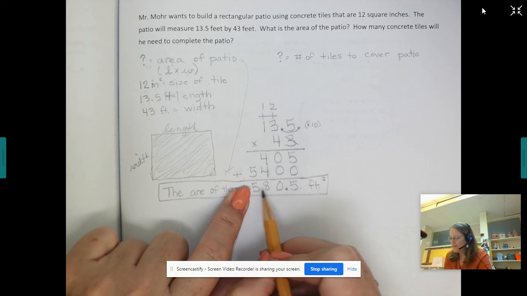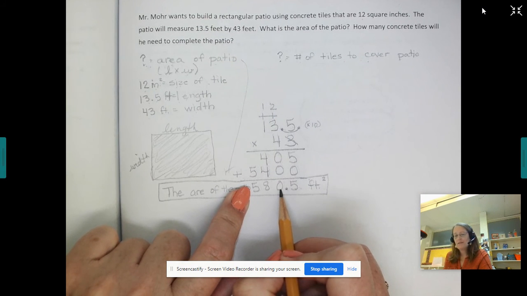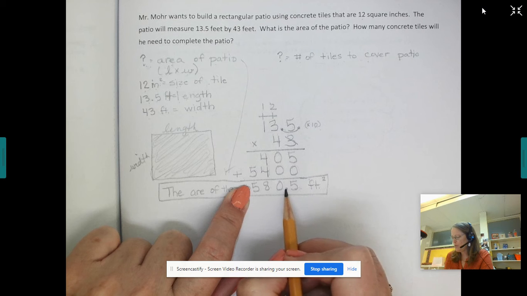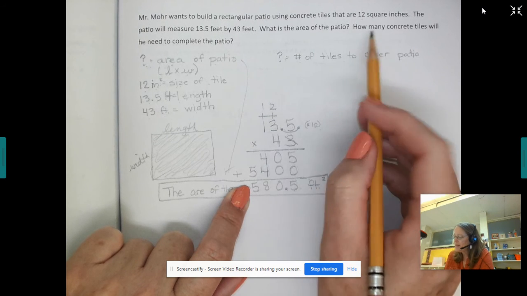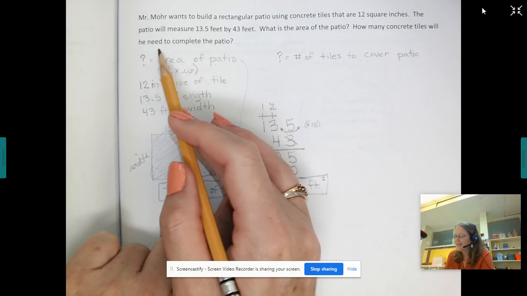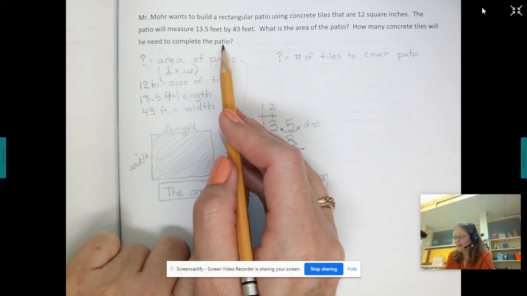I would need 580 whole tiles, and then I need 0.5 or 5/10. Well, 5/10 is equivalent to 1/2. So how many concrete tiles will he need to complete the patio?